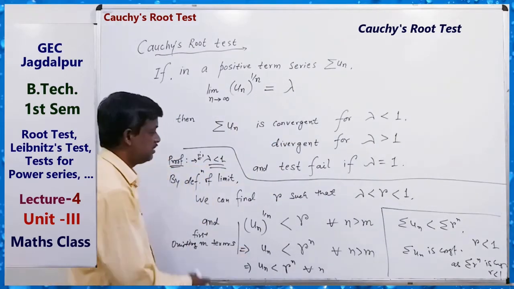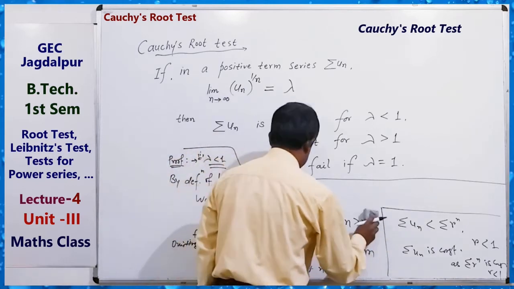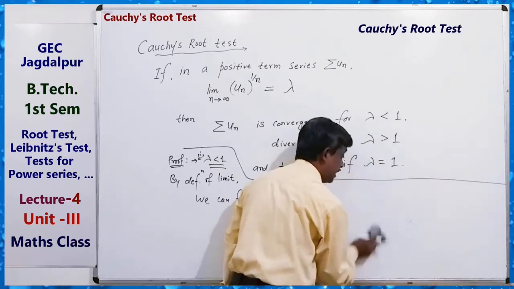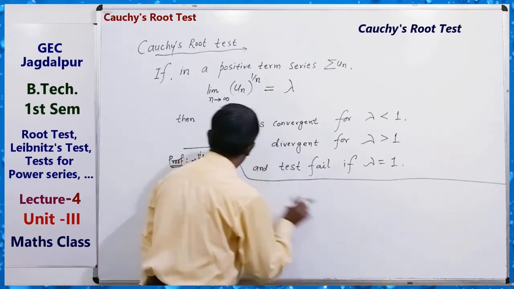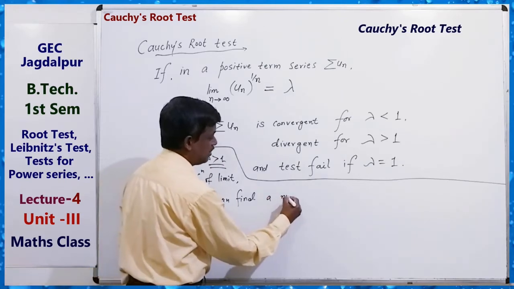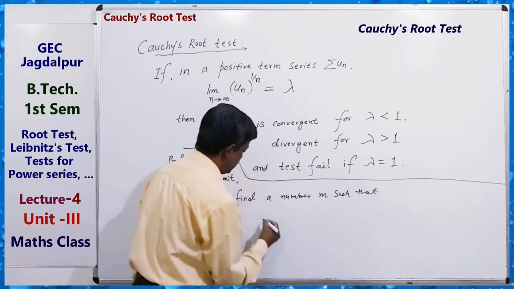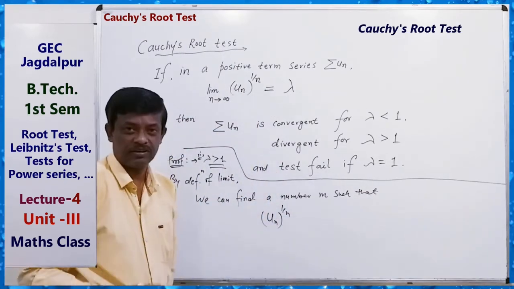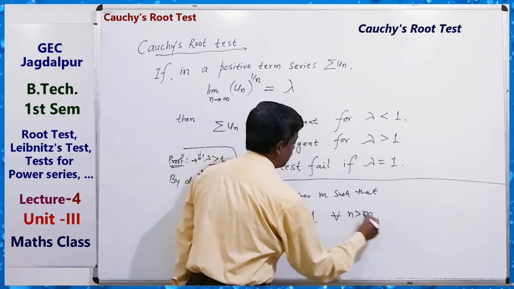So we can find a number m such that un power 1 by n has value greater than 1 for all n greater than m.